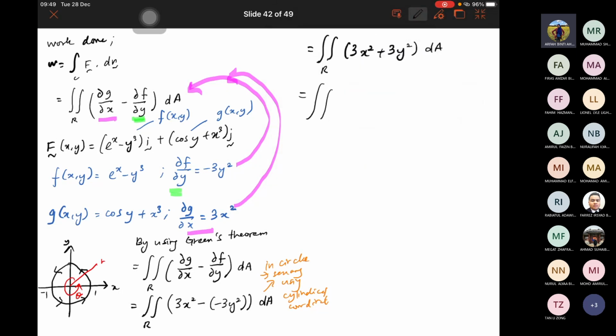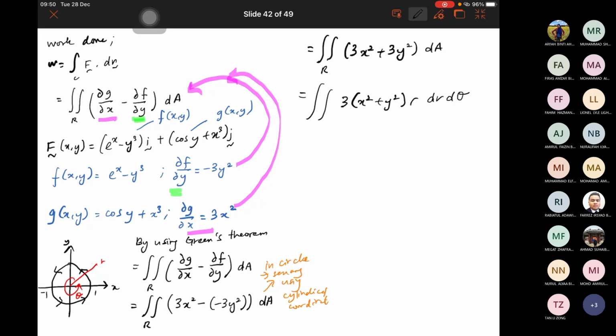So senang, integration 3x squared plus y squared, it will become integration of 3 r squared, r dr d theta.